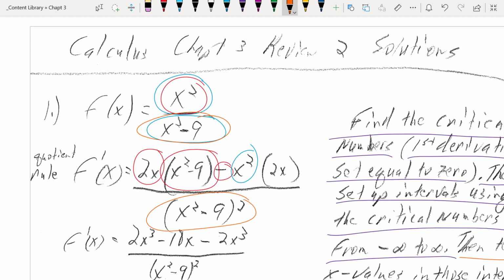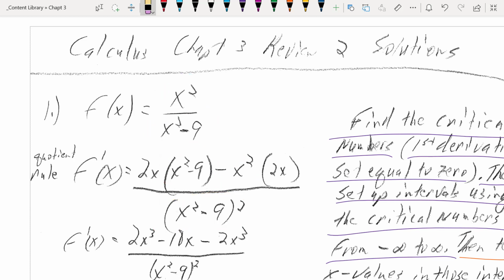Once you're done, you simplify this down. We distribute this 2x on through. 2x times x squared is 2x cubed. 2x times negative 9 is negative 18x.